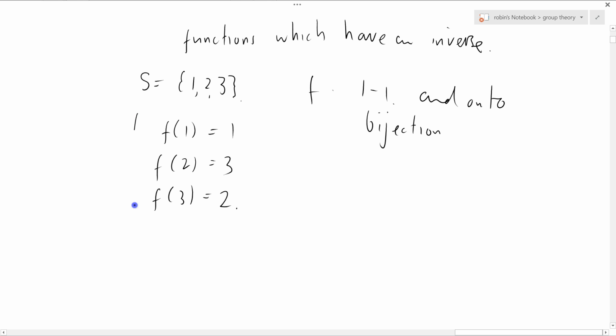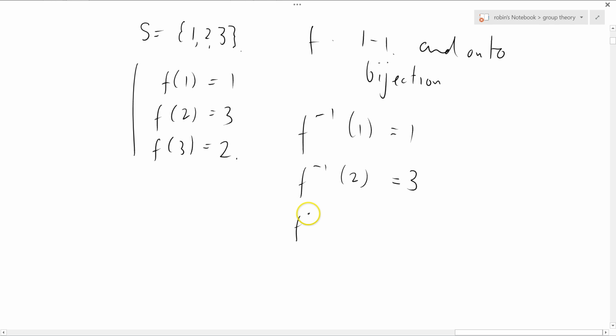So in this case here, we can work out f to the minus 1. We just go backwards. f to the minus 1 of 1 equals 1, because going backwards from 1 gives you 1. f to the minus 1 of 2 equals 3, because f of 3 equals 2. And f to the minus 1 of 3 equals 2. So there's a nice little example.